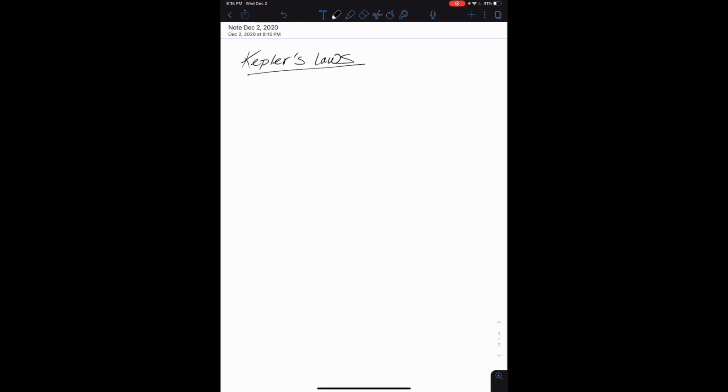I think the first two were published in 1609. So this is before Newton. I think Kepler studied under an astronomer, Tycho Brahe, and so this is before Newton and calculus.